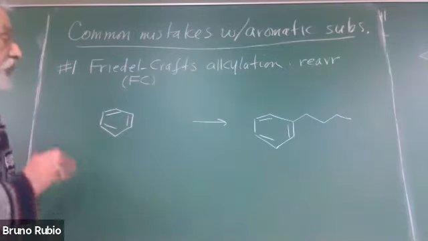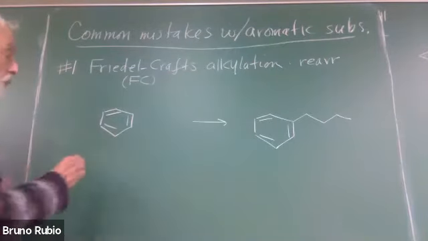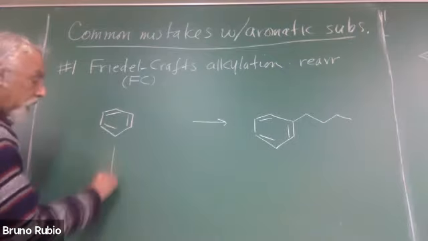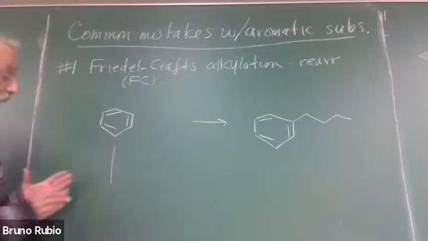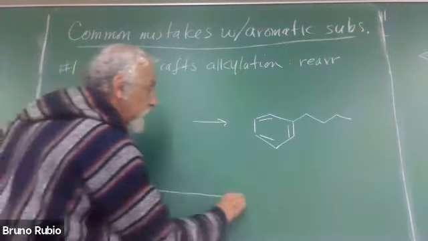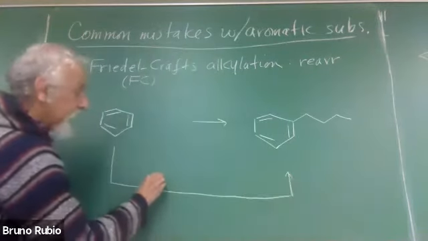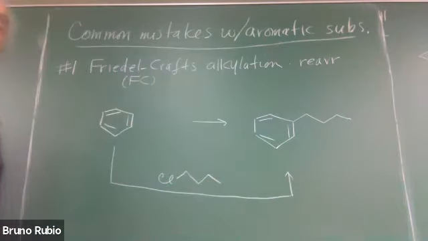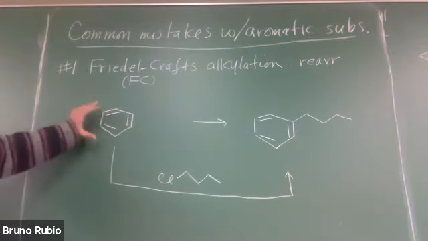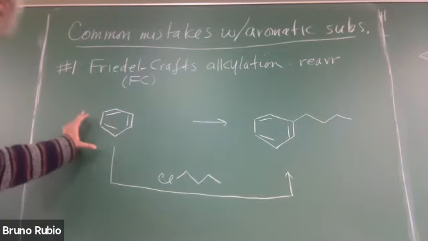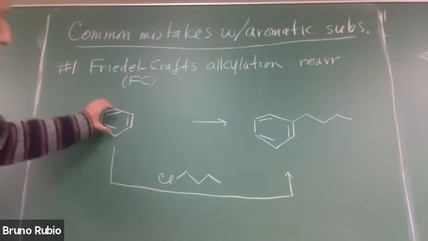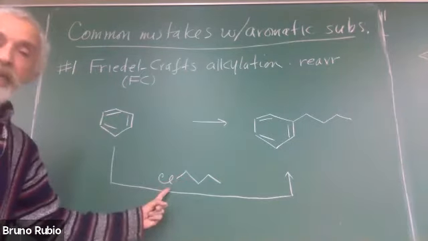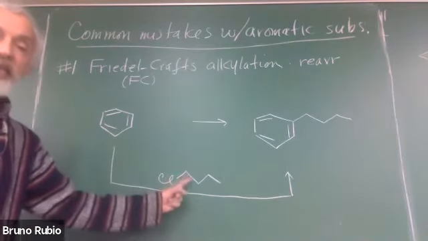So the most common mistake that people would make would be to go from here and use this 1-chloropropane. And so remember, in these aromatic substitution reactions, the benzene ring, that's the nucleophile. The carbon atom that bears the leaving group, that's the electrophile.